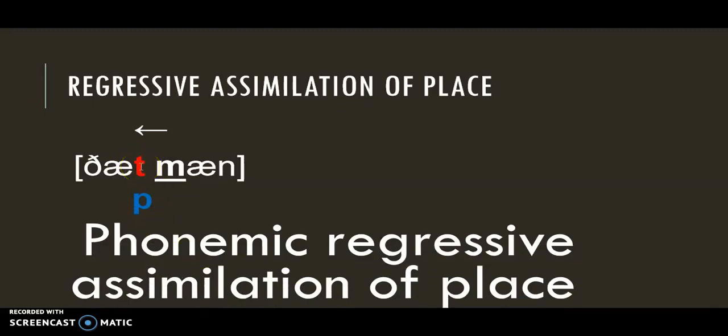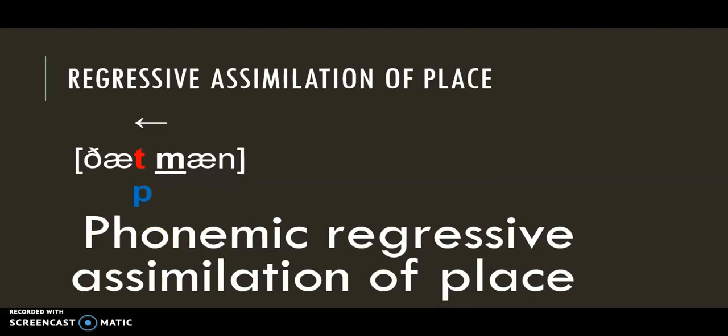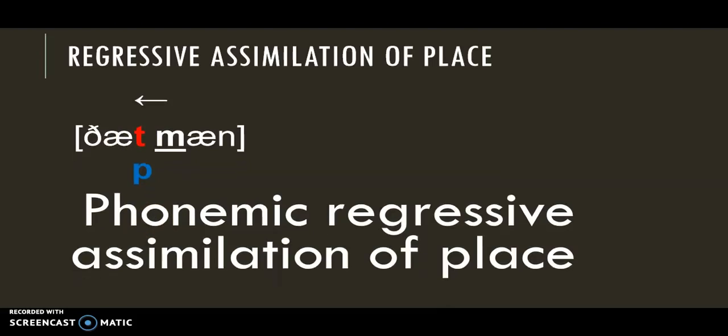When the sound changes, that is, when the phoneme changes completely, we talk about phonemic assimilation. So the complete name of these cases we have just seen, all of them, is phonemic regressive assimilation of place. Assimilation because there is one sound that takes a characteristic from another sound.